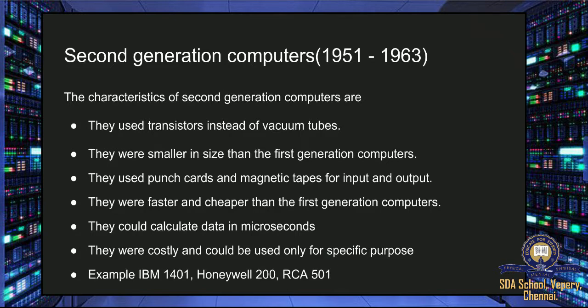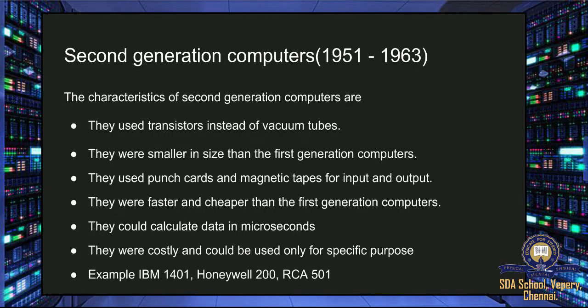They could calculate data in microseconds, whereas in the first generation they calculated data in milliseconds. The first generation computers were costlier than the second generation and they could be used only for specific purposes, but here they were used for various purposes.